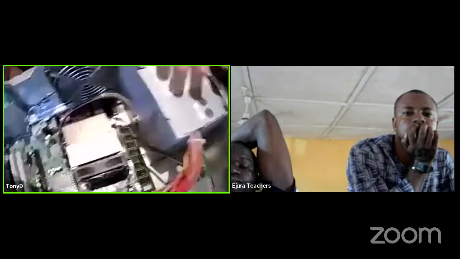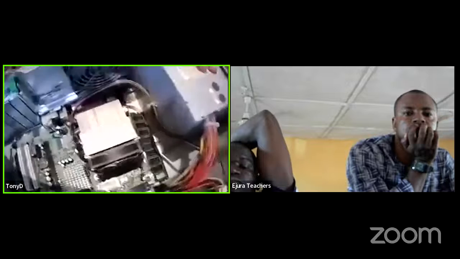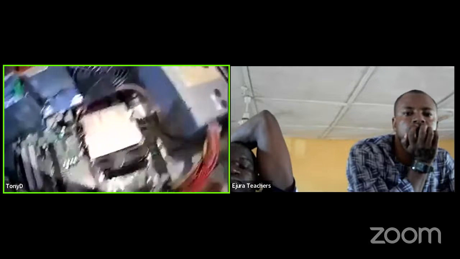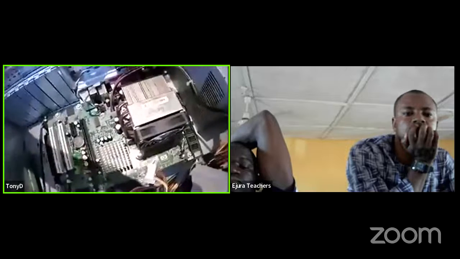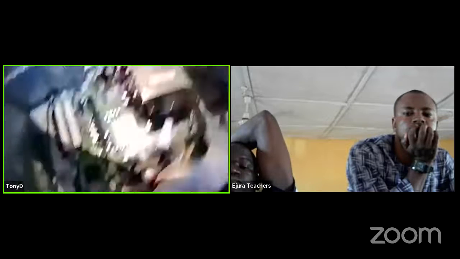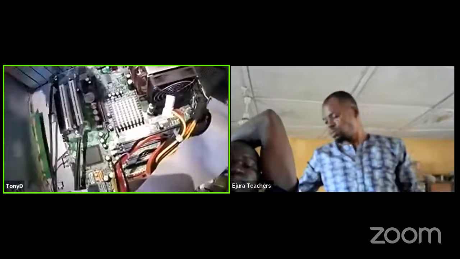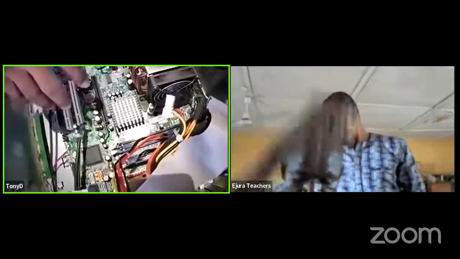So if the motherboard cannot detect the power, there's a problem. If it cannot detect your keyboard, there's a problem. So the motherboard is the key, and the system, the CPU, the central processing unit.